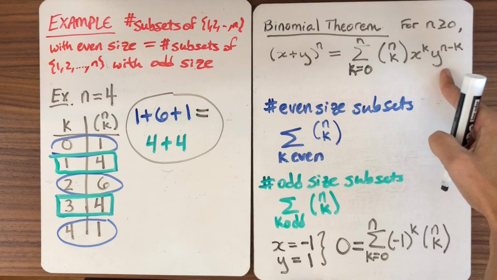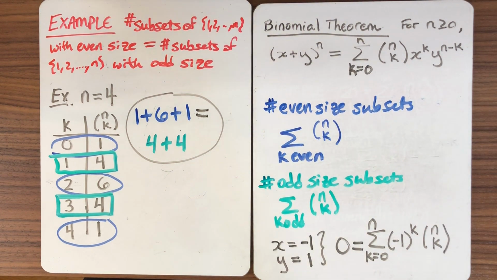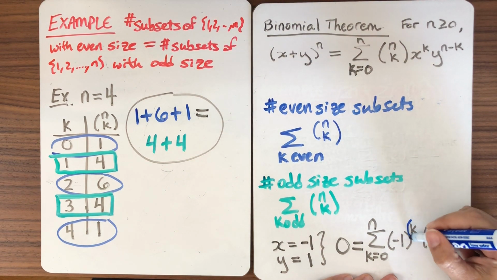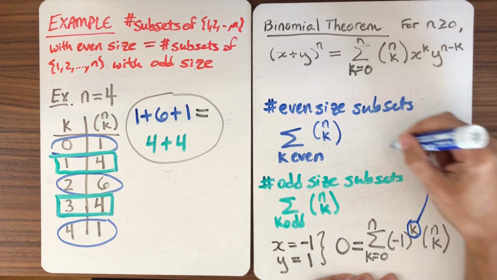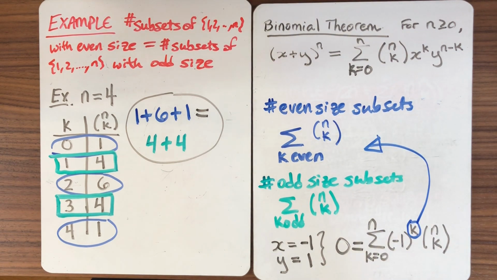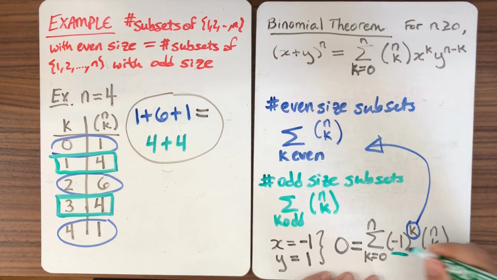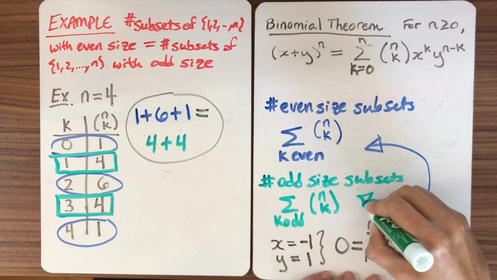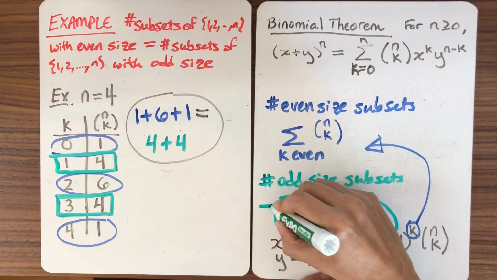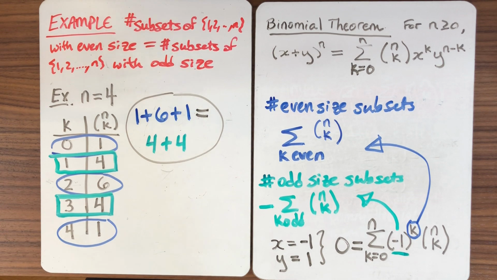Right? The y goes away, the x becomes a minus 1 to the k. So here, when k is even, I'm going to get this. And when k is odd, I'm going to get this, but with a negative sign. So this minus this is 0 is the same thing as saying that these two amounts are equal.